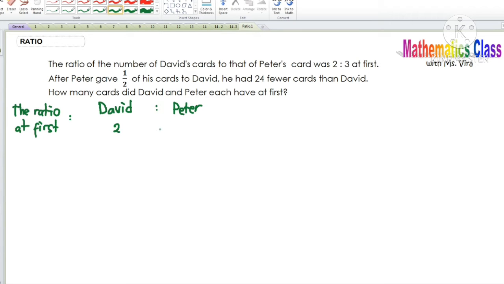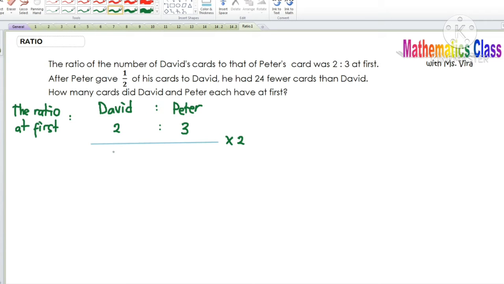The ratio for David is 2 and Peter 3. And then after Peter gave half of his cards to David, if you notice half of 3 is going to be a decimal. So what I'm going to do is look for an equivalent ratio of 2 to 3 by multiplying both ratios by 2.